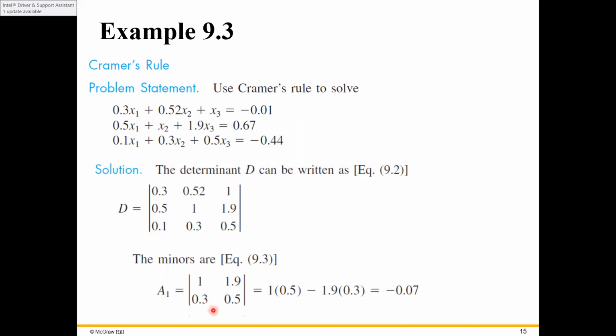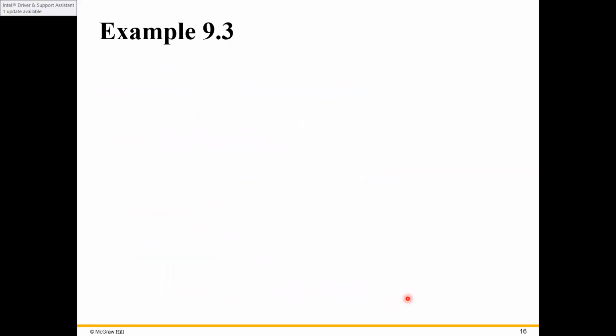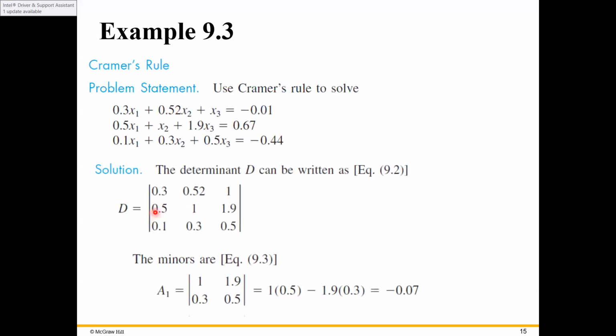So the minors are these. The first one will be this matrix, and its determinant will be this, minus 0.07. The second one is this: 0.5, 1.9, 0.1.